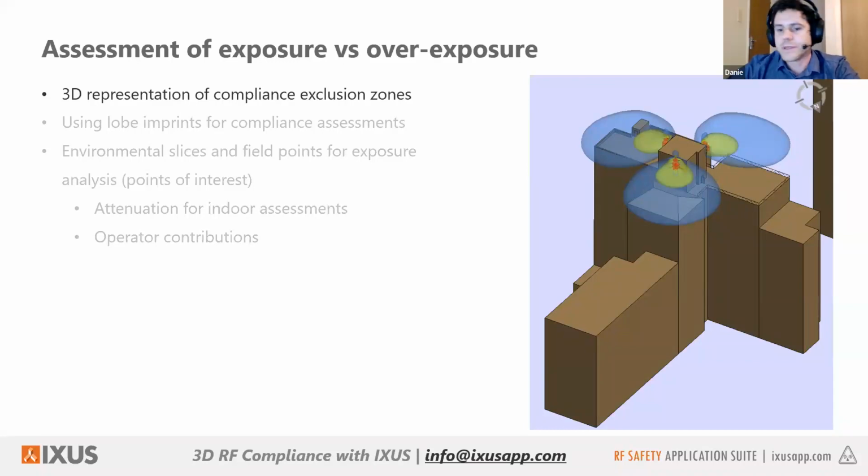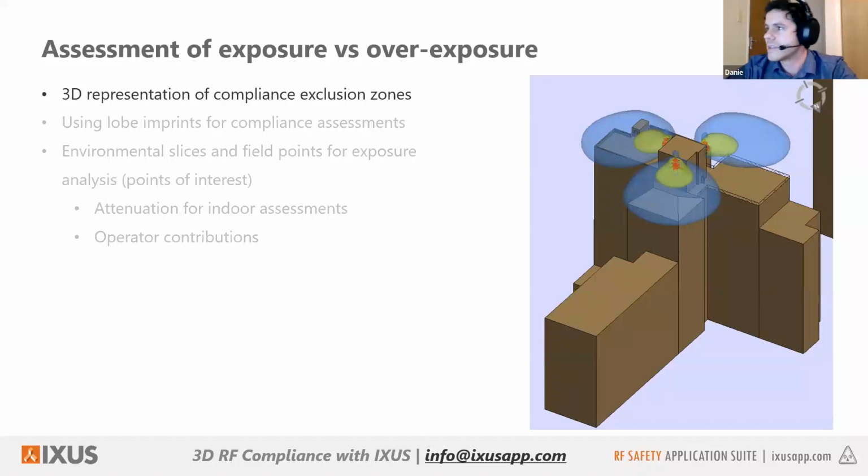And everywhere where the separation distance from the 3D exclusion zone to the geometry is less than the specified amount, it would imprint. And essentially then showing all the surfaces where a person would stand, and obviously the height of that person is determined by your guidelines.